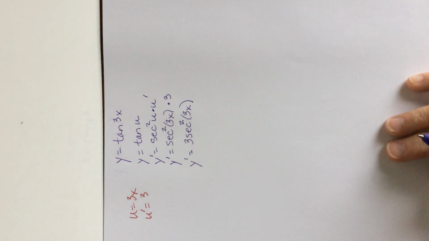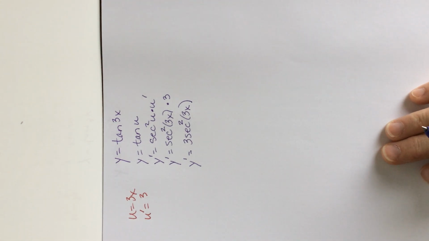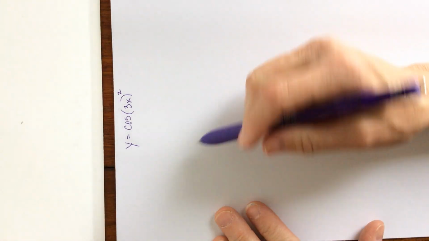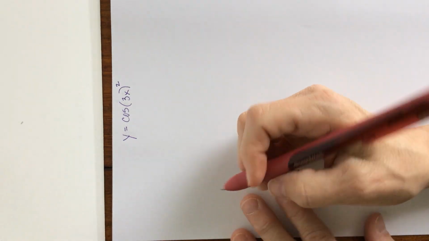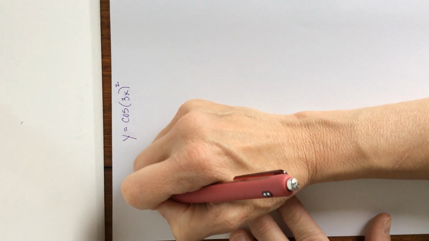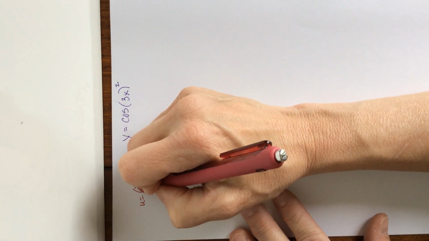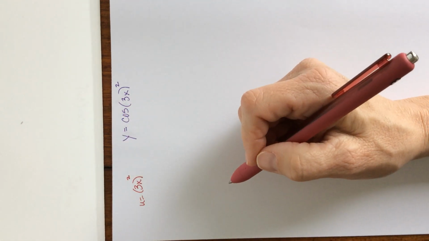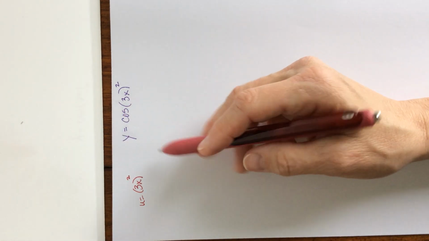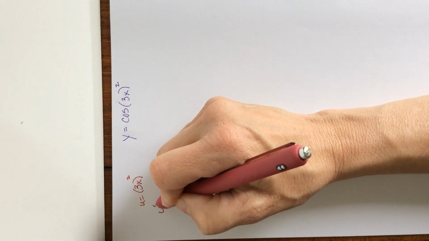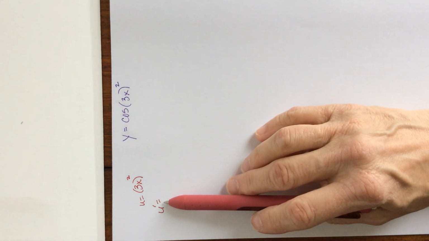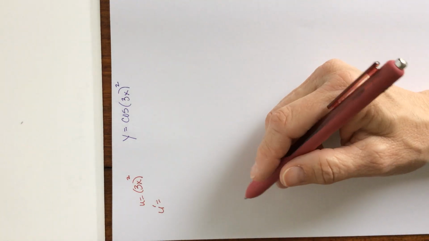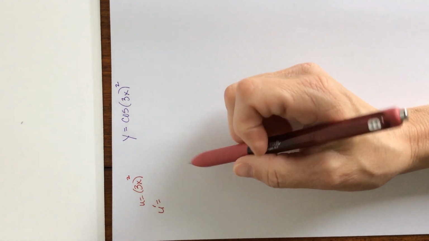All right, so moving on to our next example. Let's let u equal the quantity 3x squared. This is going to be very similar to the last example, but when finding the derivative of 3x to the second power, you are going to use the chain rule on this piece right here.